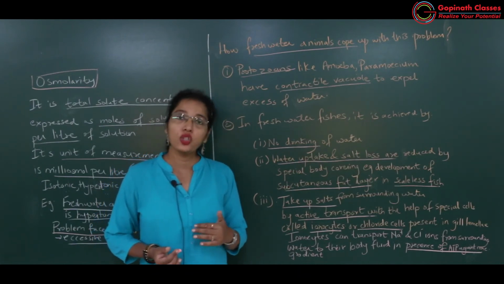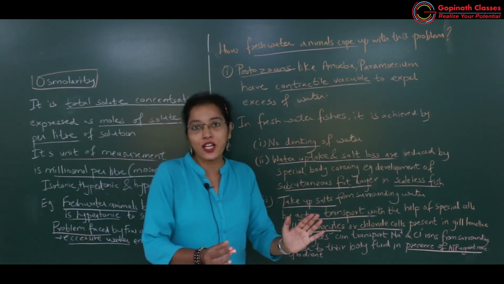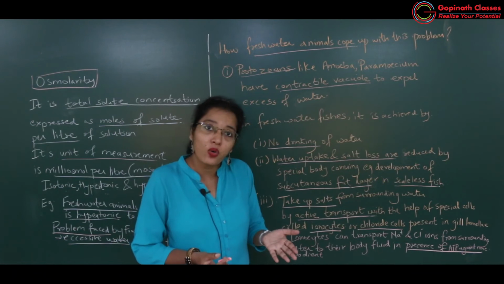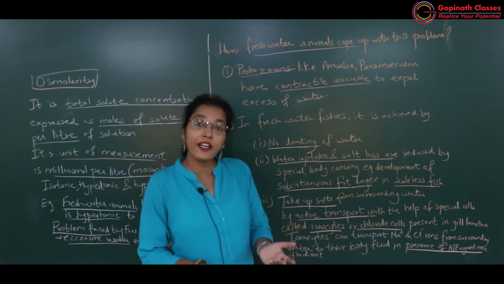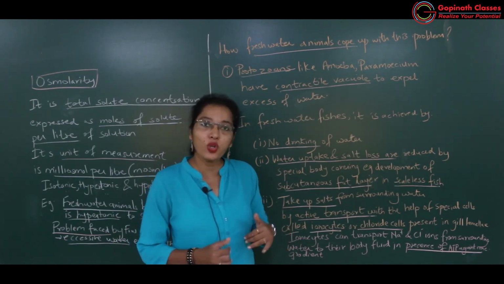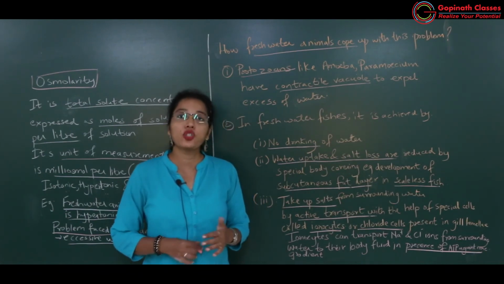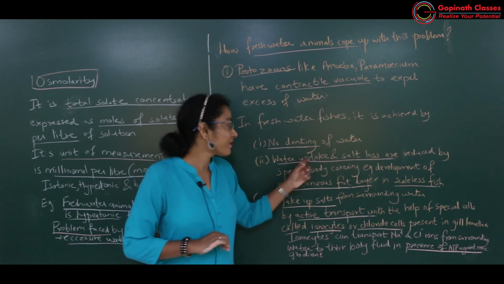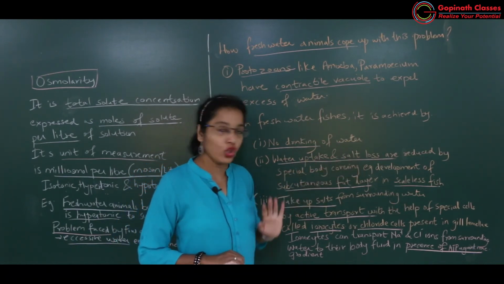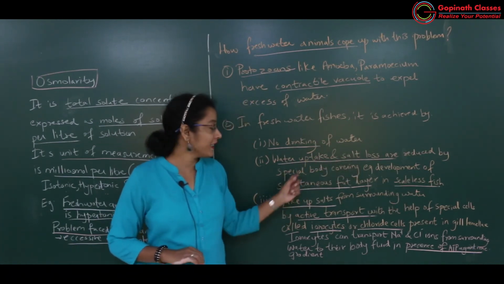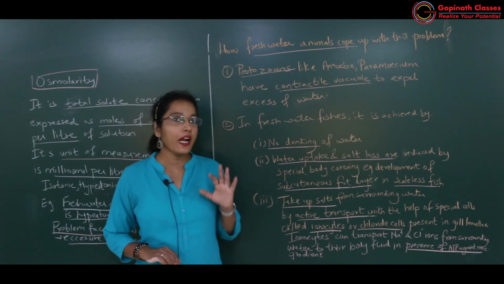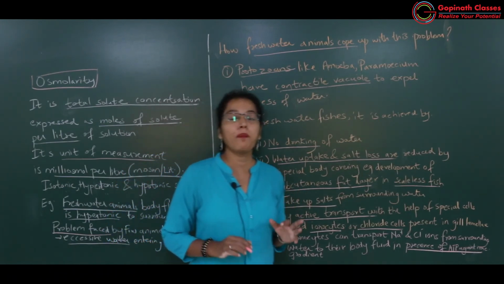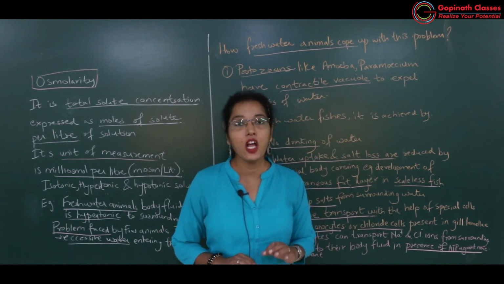Body fluids are hypertonic, so excess ions should not go out. If excess ions go out, a hypotonic condition will result. If excess water enters, it is also a hypotonic condition, right? So there should not be excess entry of water as well as excess salt loss, and this can be prevented by one adaptation, that is development of subcutaneous fat in freshwater fishes.